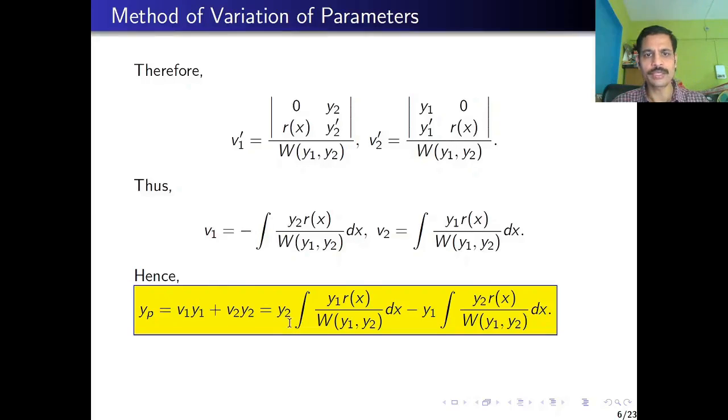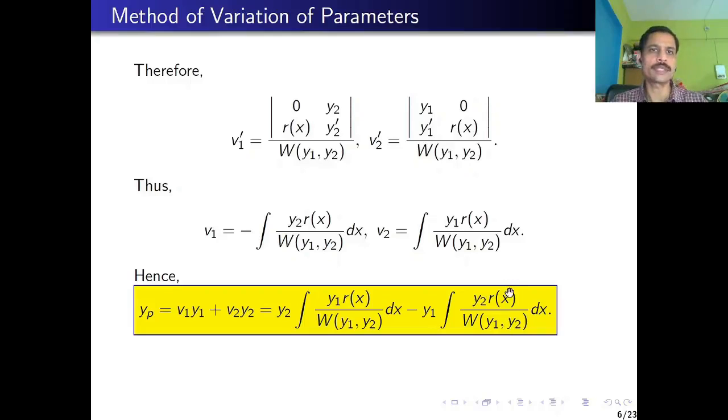So it is equal to y2 times the integration of y1 Rx divided by the Wronskian dx, minus y1 times the integration of y2 Rx divided by the Wronskian dx.